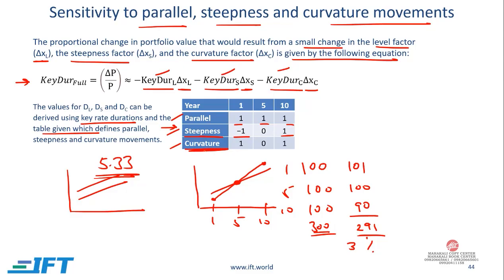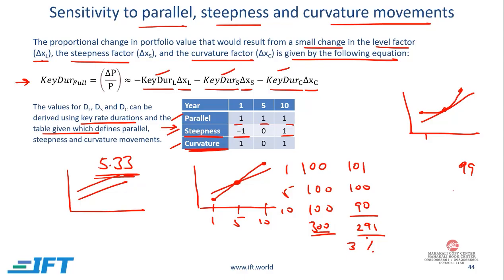And then we have curvature. With curvature, we'll do the same exercise. So let's look at this over here. This is our original. The 1 year goes up by a unit, 5 year is the same, and 10 year also goes up by a unit. So what happens to the value of the portfolio? Over here we have an increase. So the 1 year bond will go down to 99.